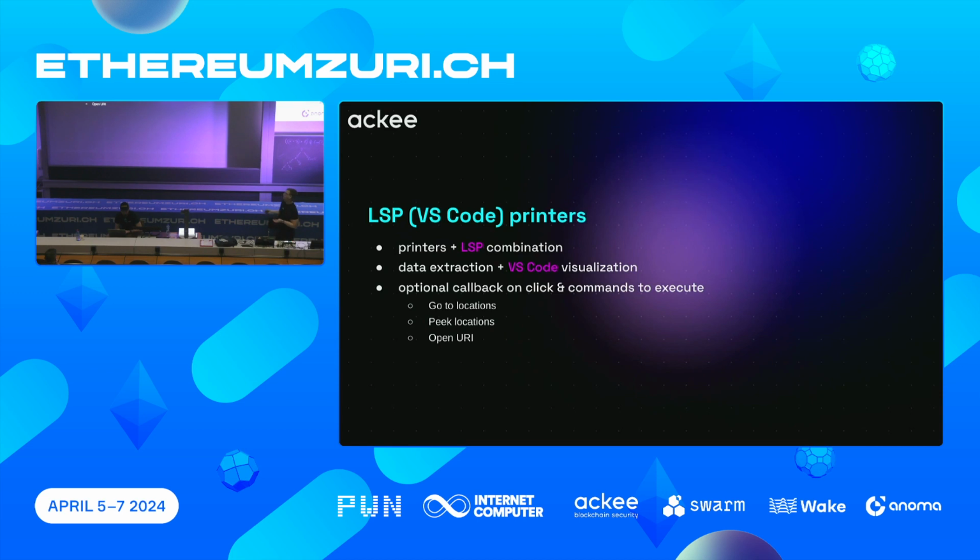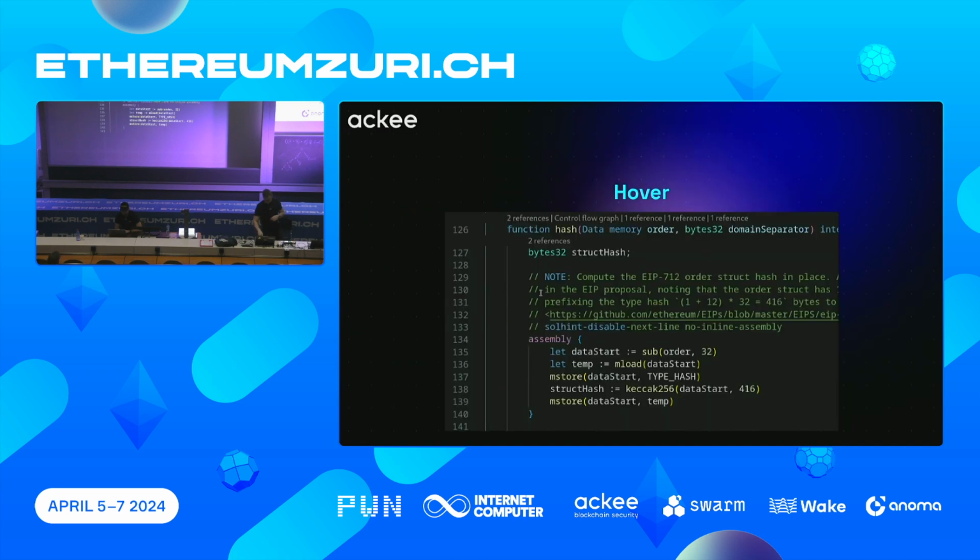There's open URI. So it's possible from an LSP printer to open any address or any link just using LSP printers. There's copy to clipboard, which is quite useful. I think that it's possible to extract some information from the code and then just copy that information to the clipboard. And that's pretty much it.